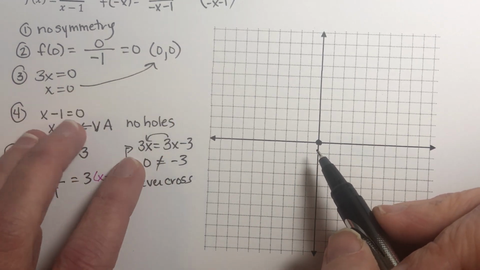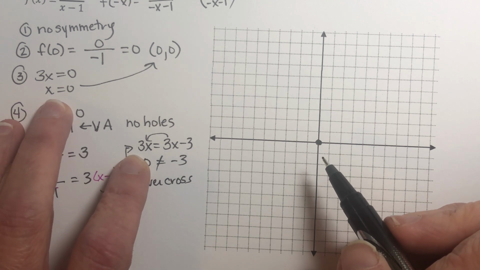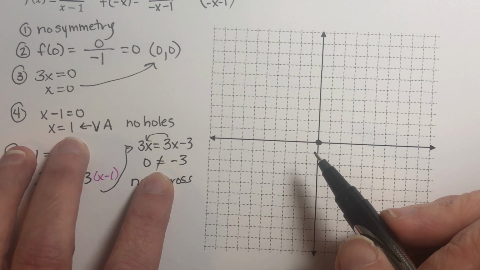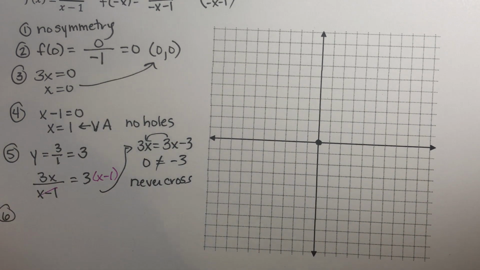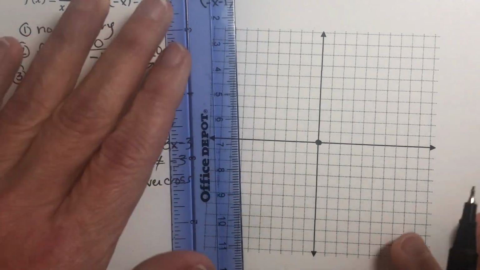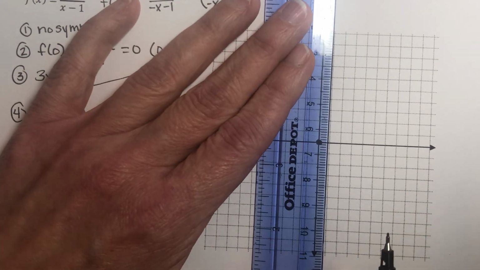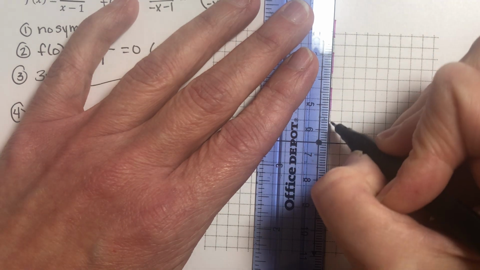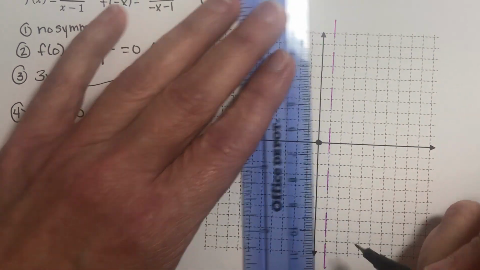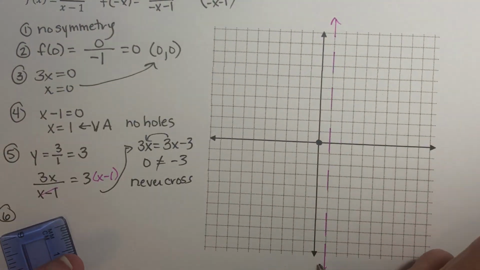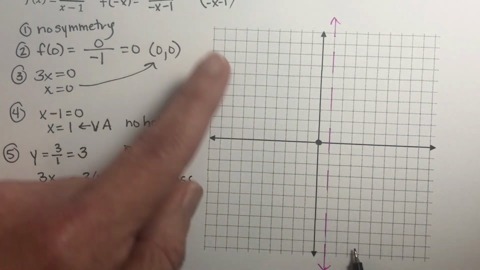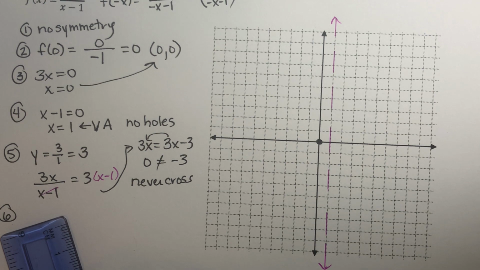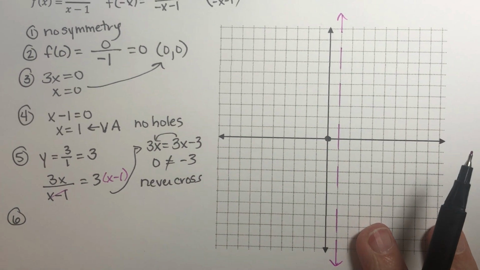Okay? I have a vertical asymptote at 1. So I'm going to draw in a dotted line here at 1. As I come into this vertical asymptote from one side or the other, my graph is either going to shoot up to infinity or shoot down to negative infinity, one or the other, always.